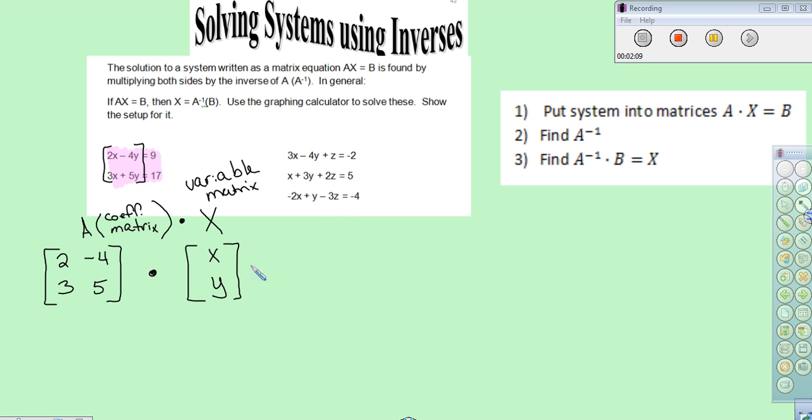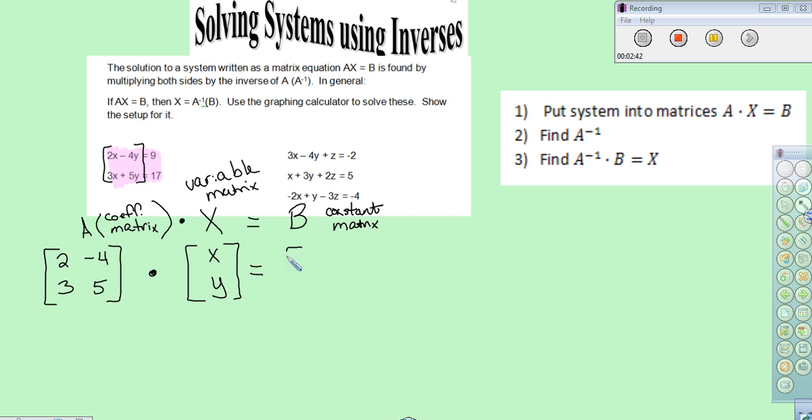Last but not least, what that gives us is called our constant matrix. In this terminology, we use the variable B for matrix B. It could be C for the constant matrix, but we'll call it B. This can be called the constant matrix, or it's also known as the solution matrix.